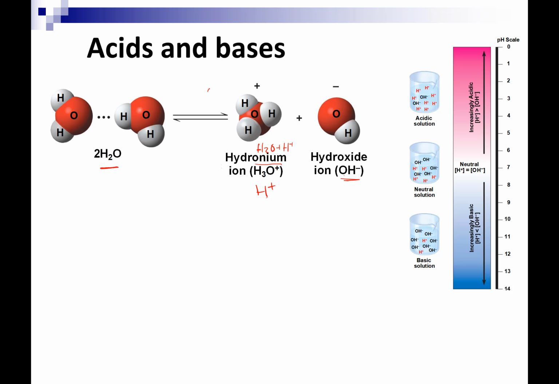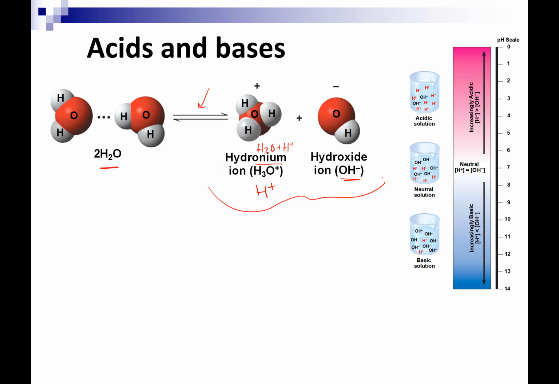And you can see that this reaction is reversible. So water breaks down and water is reformed, and water breaks down and water reforms. And this just naturally happens in very small amounts all the time. And these ions are reactive. So we like to keep track of how much there is.